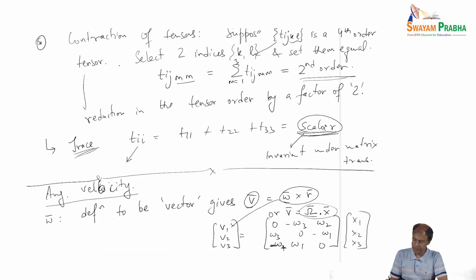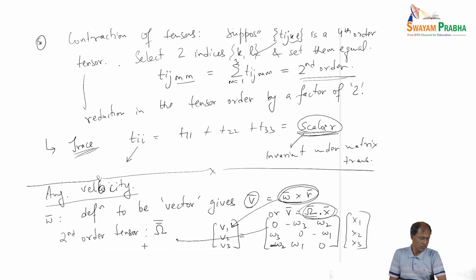This matrix satisfies the cross product identity as well. So this is the matrix of the angular velocity. Of course this is a second order tensor, and we denote it with a double bar over omega.